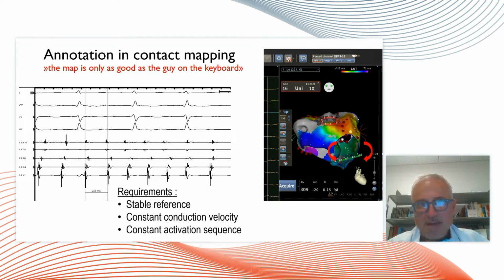You can only map easy arrhythmias which are regular, which have a stable reference, which have a constant conduction velocity mostly, and a constant activation sequence. So that would be one focus. But if you have two foci in the atrium firing at the same moment at different rates, it's going to be very difficult or impossible with contact mapping.